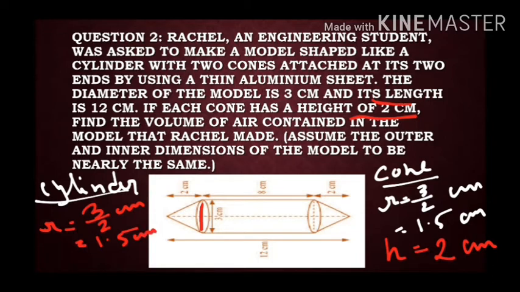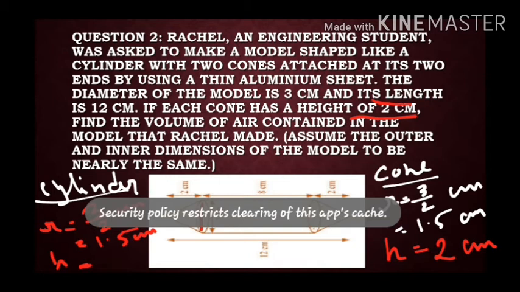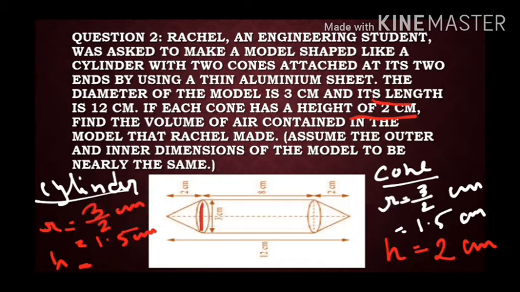Now we need to find the height of the cylinder. Look at here, from here to here it is 12 centimeter, right? Total is 12 centimeter. Now from here to here it is 2 and from here to here it is 2, because the height of the cone is 2 centimeter.